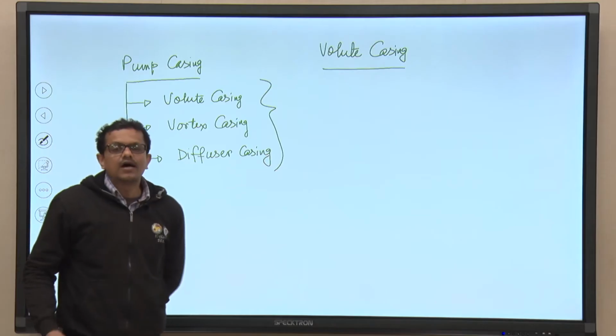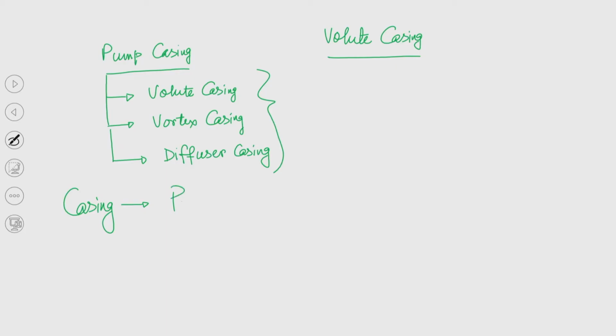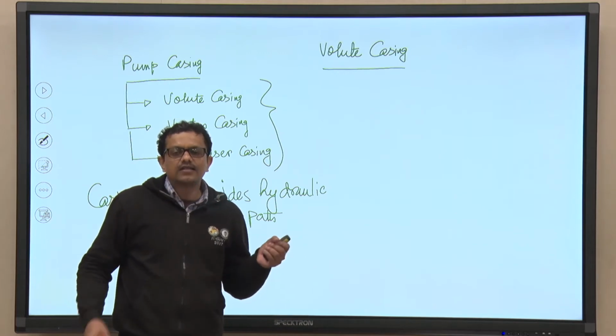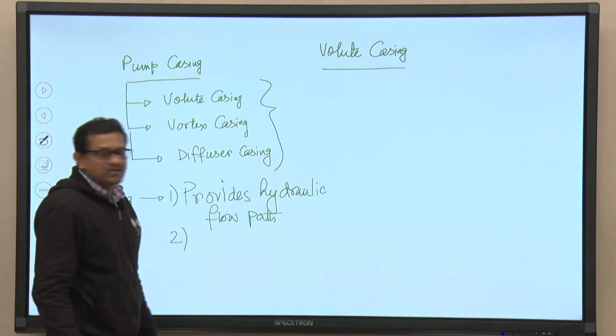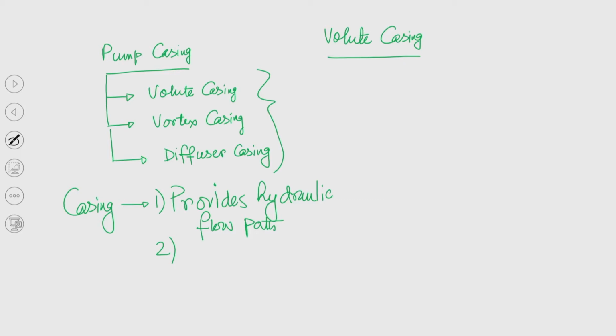The casing provides hydraulic flow path, number 1, and this not only provides flow path, this not only guide the water coming out from the impeller to the delivery pipe, but it also allow to have conversion, that is it allows to raise pressure of the fluid being handled by the pump.